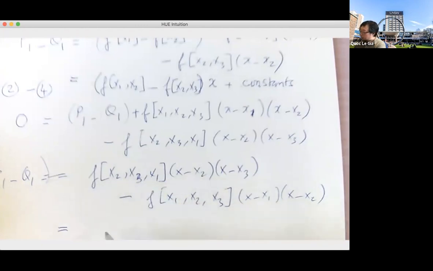And now what is the term that has only x?